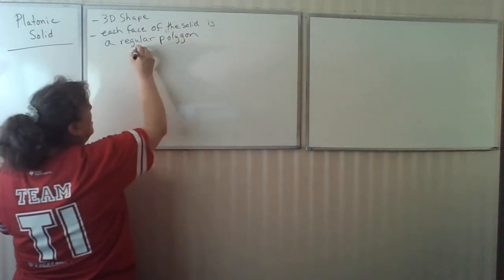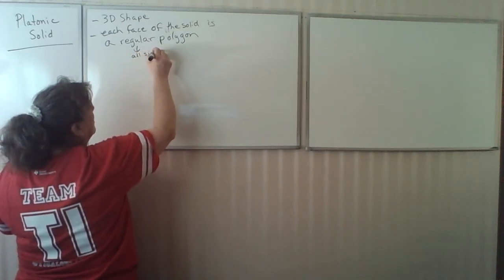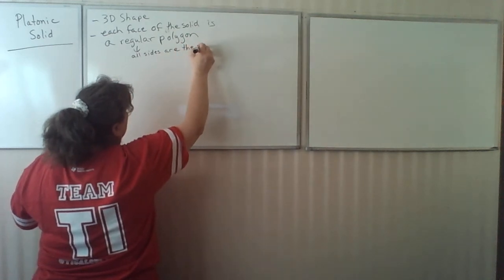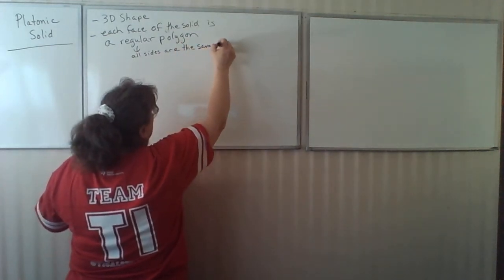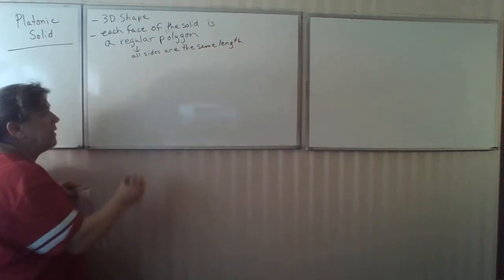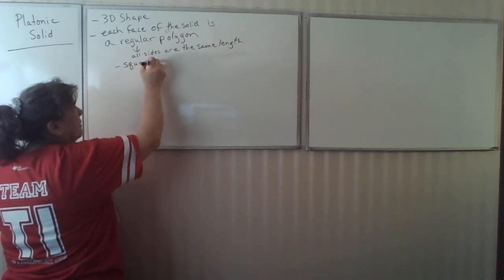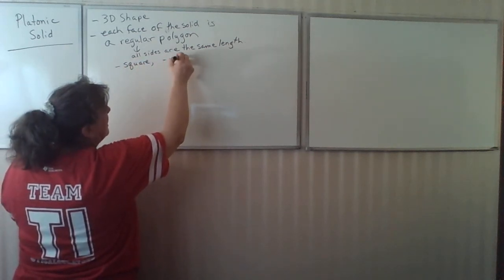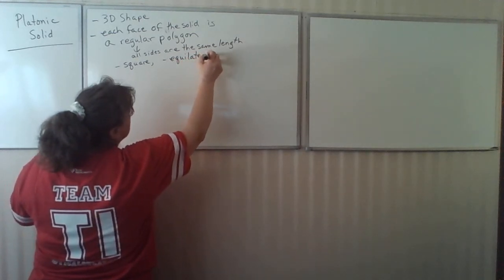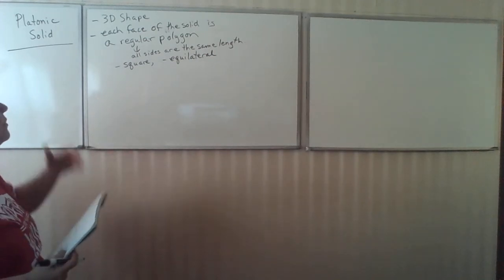A regular polygon means that all sides are the same length. Okay, can we think of some of those that would be true? Well, a square. All 4 sides are the same length. How about an equilateral triangle? That's another one where all the sides are the same length. So those are just 2 of them that will go into this.